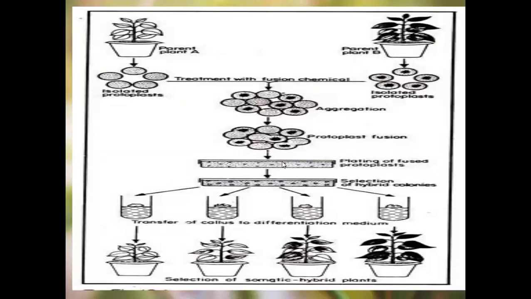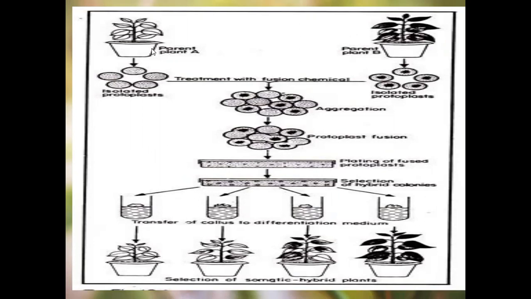On the nutrient medium, that somatic hybrid cell, or protoplast fusion cell, develops into callus. That callus, treated with growth hormones, develops into plantlets. See, these plantlets have mixed characters of the parental plants.